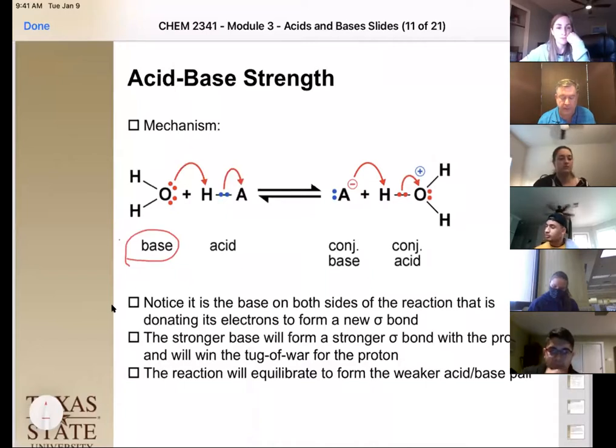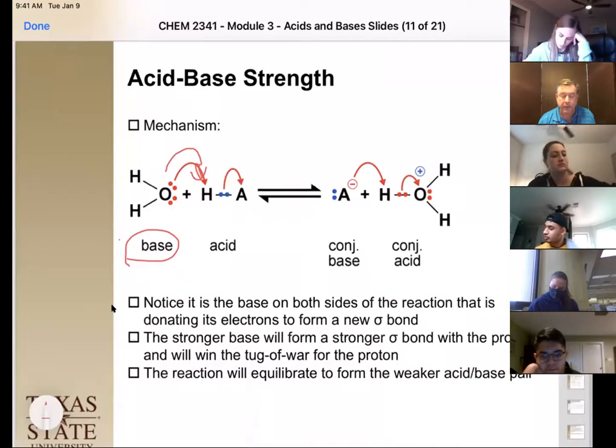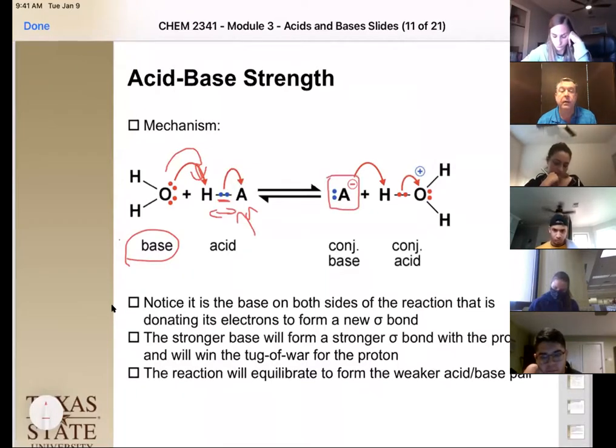In this case, our Lewis base is reaching out to get that electropositive hydrogen. It's electropositive because typically this is a polar bond, with a more electronegative atom here. When that happens, the sigma bond that was between that acid and that proton goes and resides on that conjugate base as a lone pair, and typically a negative charge.